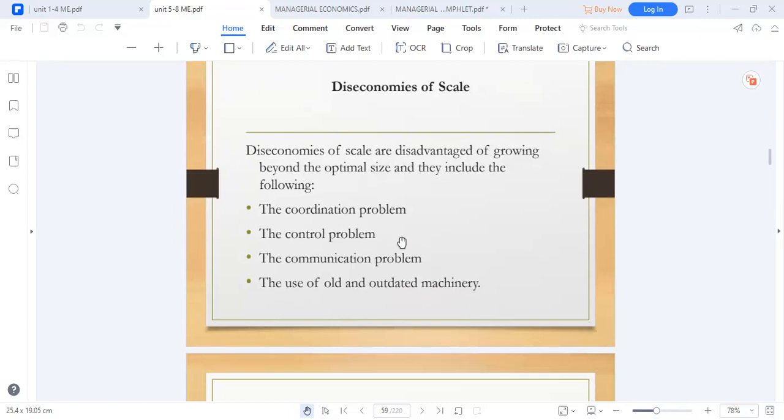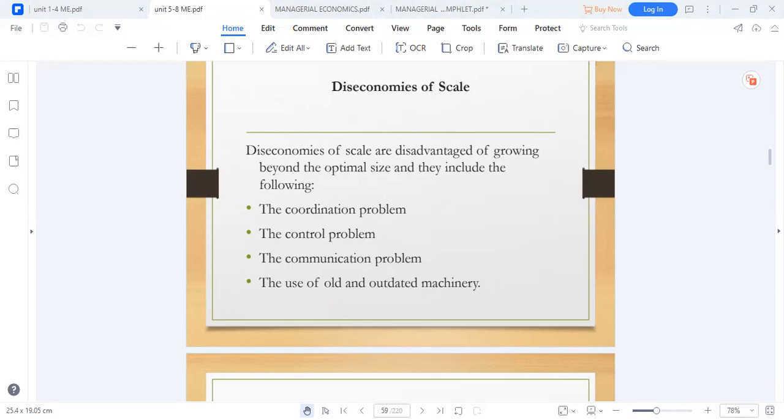These diseconomies of scale are the disadvantages of growing beyond the optimal size, and they include the following: coordination problem, control problem, communication problem, the use of obsolete, outdated machineries.